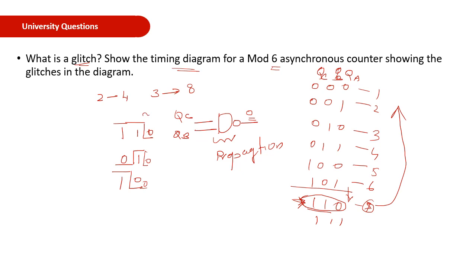So for a short period of time, your output state will be 110. Actually the jump should be from 101 to 000, but in between you will get a 110 state for a short period of time. So that's about the glitch and how you can draw the timing diagram for a mod 6 counter.